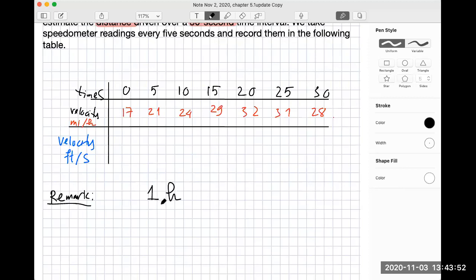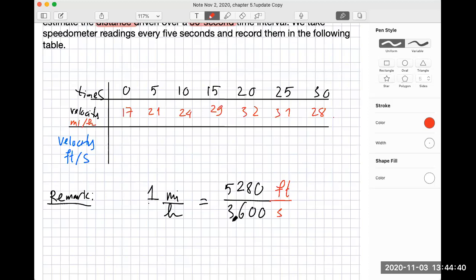1 mile per hour is equivalent to 5280 over 3600 feet per second, because 1 mile is equal to 5280 feet, and 1 hour is equal to 3600 seconds.